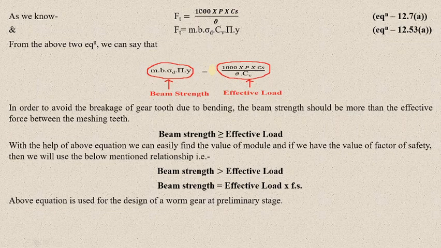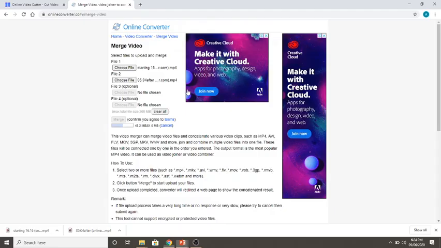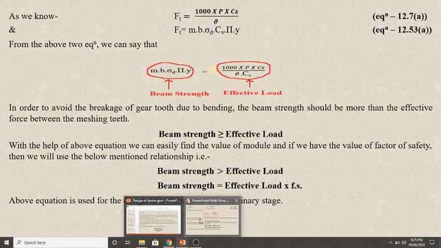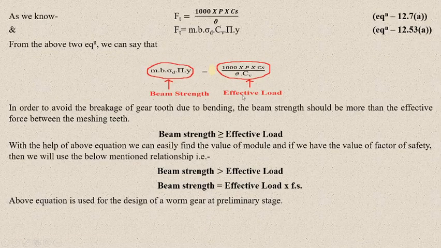Now if we equate these two terms, then in the left hand side, this element will be called beam strength, and in the right hand side this element will be called effective load. If we don't have any factor of safety in the given problem, then this is the equation which is more than sufficient to find the unknown parameter like module.